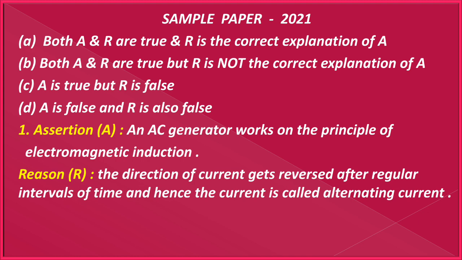Assertion is right and the reason is also right, but the explanation of assertion given in the reason is not correct. So we will have to select the correct answer as option B. Both A and R, that is assertion and reason, are true, but reason is not the correct explanation of assertion.